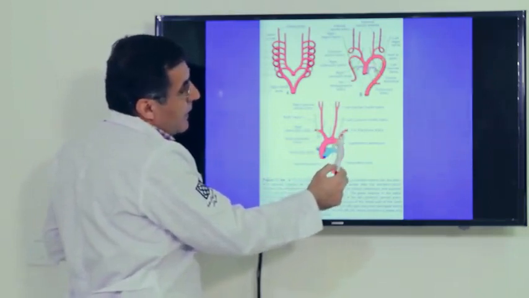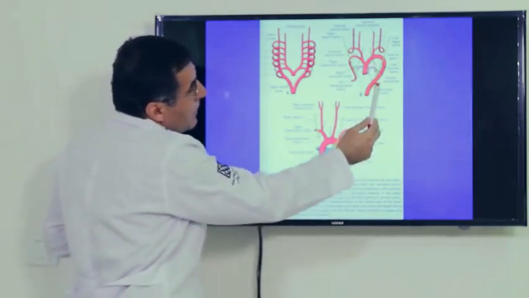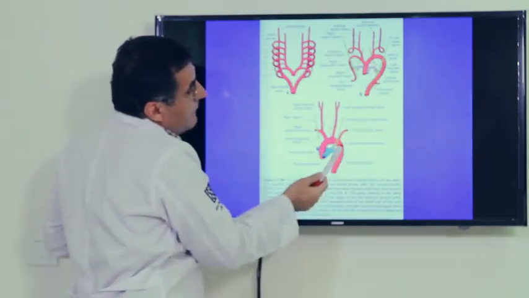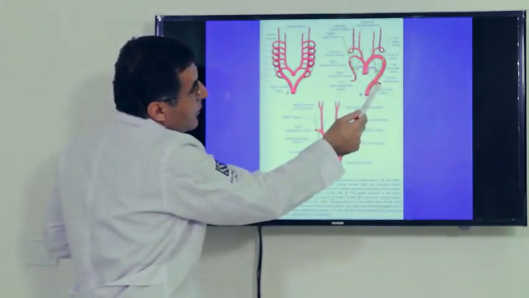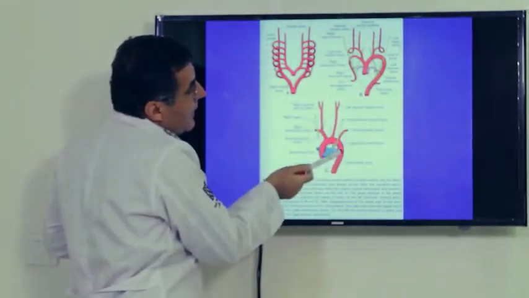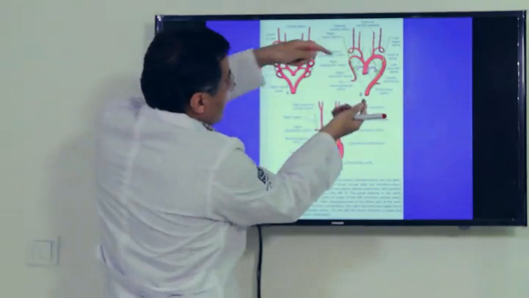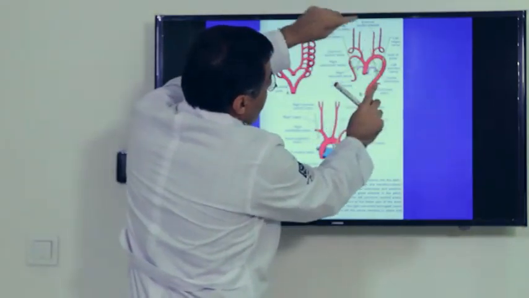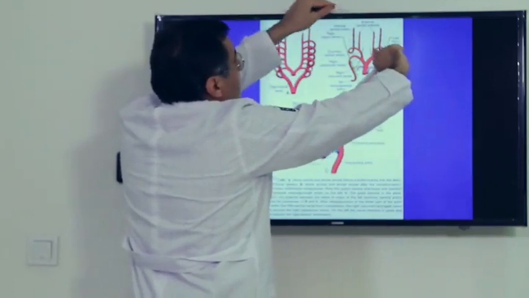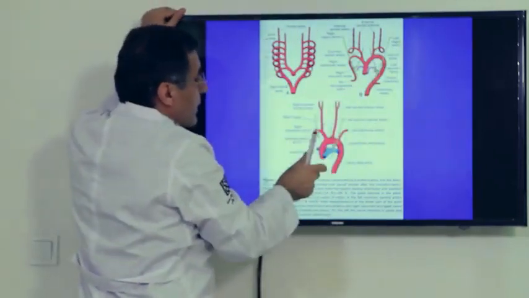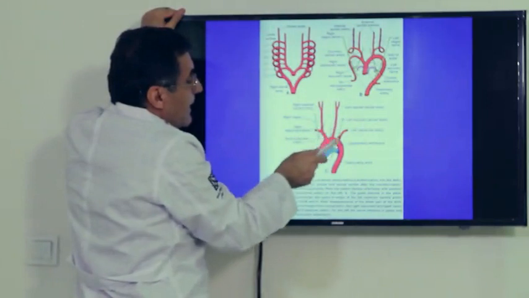If you pay attention to the left subclavian, before the final change it is situated lower than normal, and after further development we have a shortening in this part, and the left subclavian artery comes up near the left common carotid artery. And here is the vagus nerve.